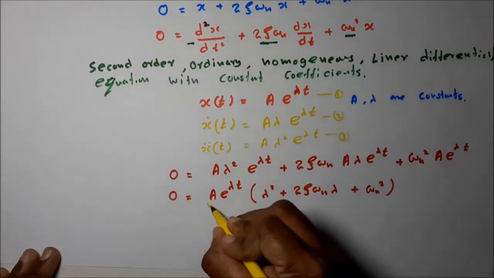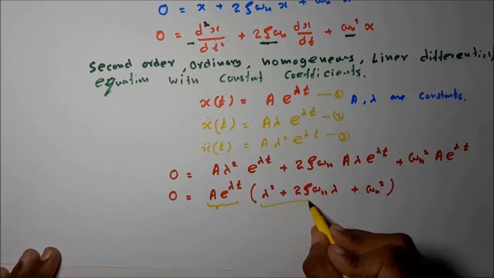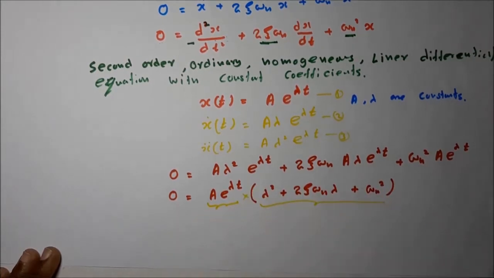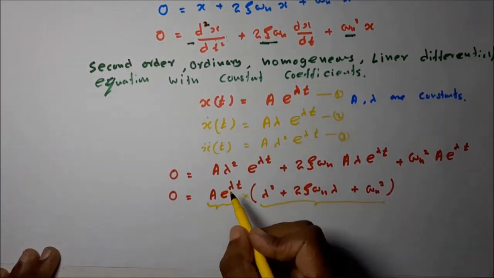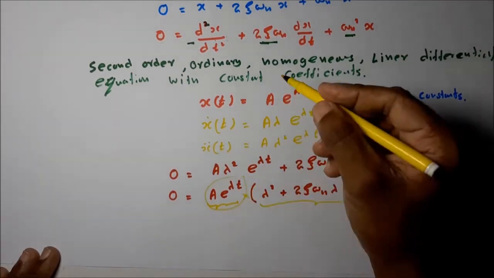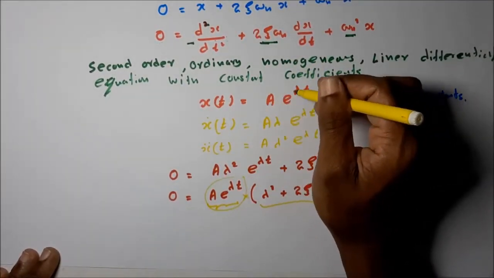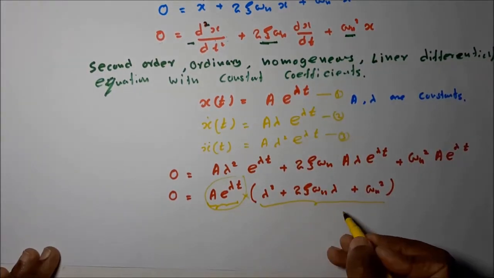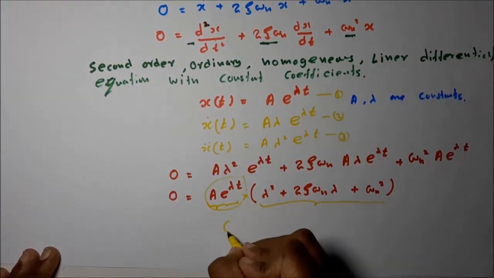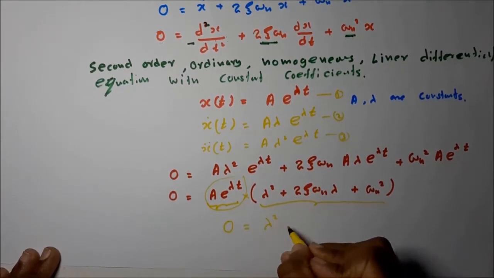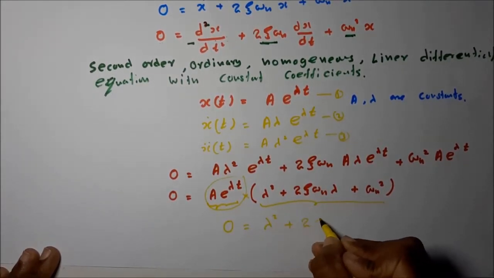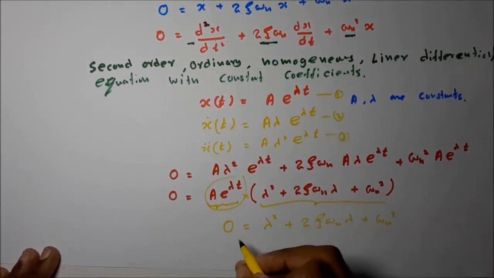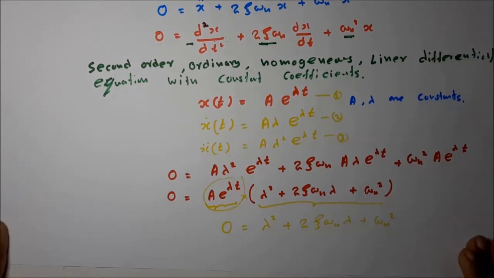That means the multiplication of this term and this term is equal to 0, so one of these terms should be equal to 0. But if this one is equal to 0, then our x(t) is also equal to 0. That cannot be, so this one should be equal to 0. So we have lambda square plus 2 zeta omega n into lambda plus omega n square equal to 0.